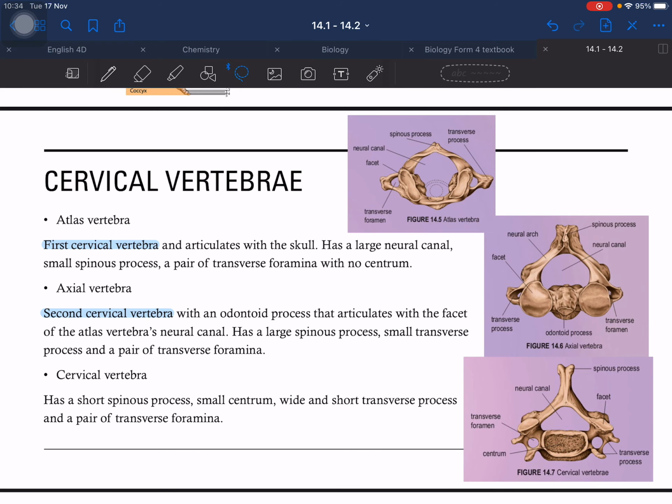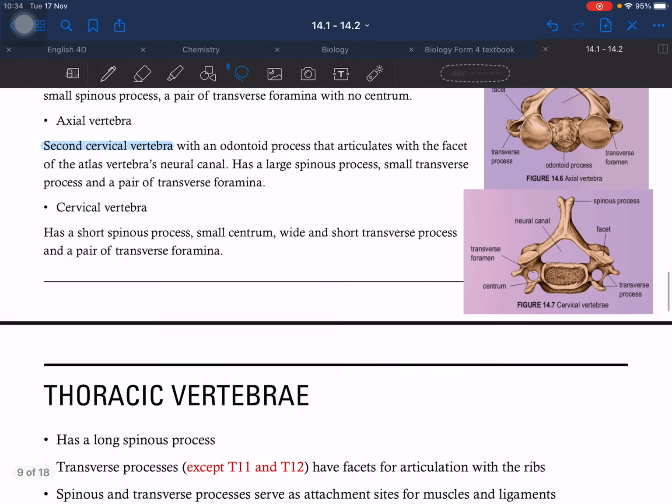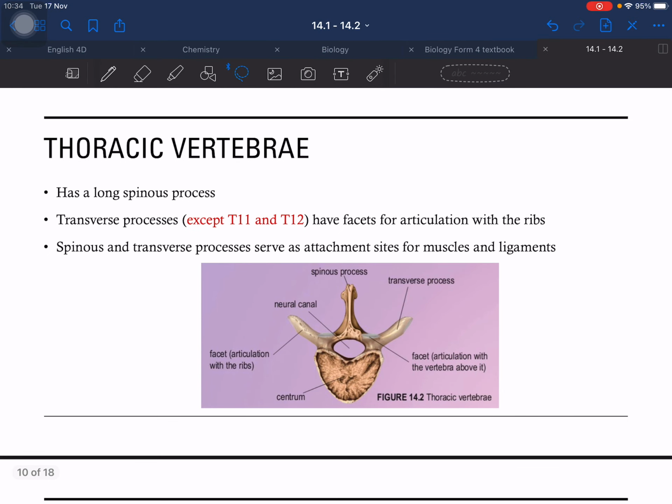That's why you see it looks spongy like that, right? And it has a wide and short transverse process and a pair of transverse foramina. So you have your pair right here, right? That's your cervical vertebrae.